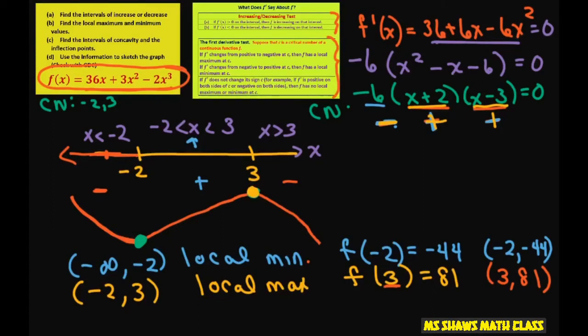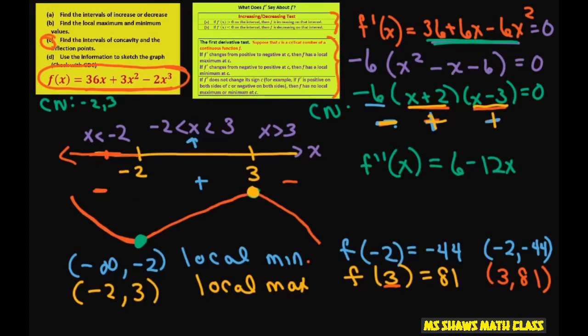Now we've got to check for the inflection points and find the intervals of concavity. So I'm going to have to take the second derivative. I'm going to go ahead and do it on this space here and then move on. So the second derivative of this piece is going to be 6 minus 12x.